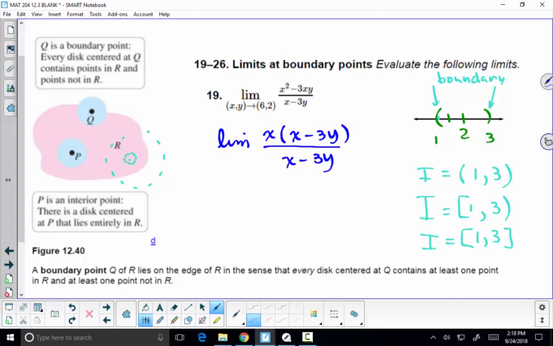And if there was a common factor, you canceled your common factor, and then you reapplied the limit. So we cancel the common factor, we reapply the limit, and the limit of x, we're now back to one of those basic limits. The limit of x, as x goes to 6, is 6. So that's going to be our limit.